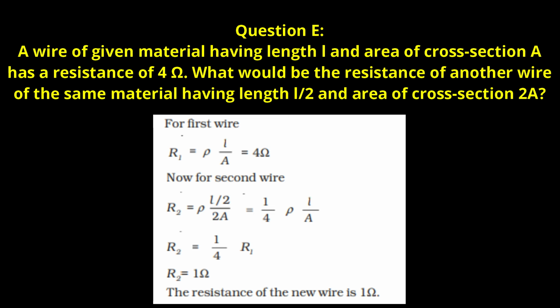And for the second wire, it is rho into L by 2 divided by 2A. That will be the resistance. Now if you substitute, you get 1 by 4 into rho into L by A. So R2, the resistance of second wire, is equal to 1 by 4 into the resistance of the first wire. So R2 is 1 ohm.